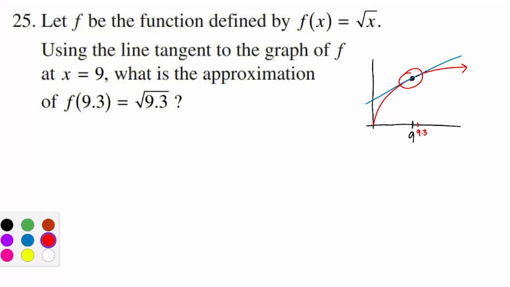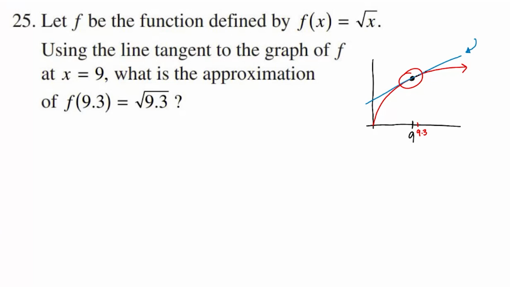We won't have to know any special algorithms for calculating square roots or anything like that. We just need to know how to find the equation of this tangent line and then substitute in 9.3 into that and use that as our approximation. We wouldn't want to use this line for any points that are too far away from x equals 9.